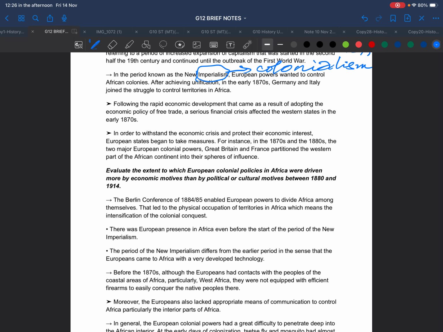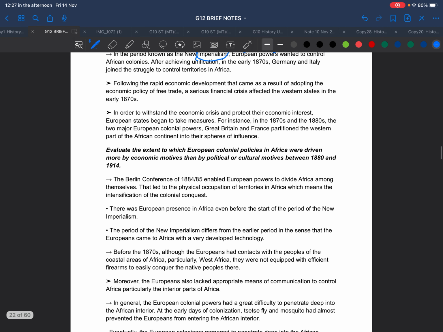After achieving unification in the early 1870s, Germany and Italy joined the struggle to control territories in Africa. These were the newly emerging states that, after accomplishing their unification process, highly demanded colonies and raw materials.